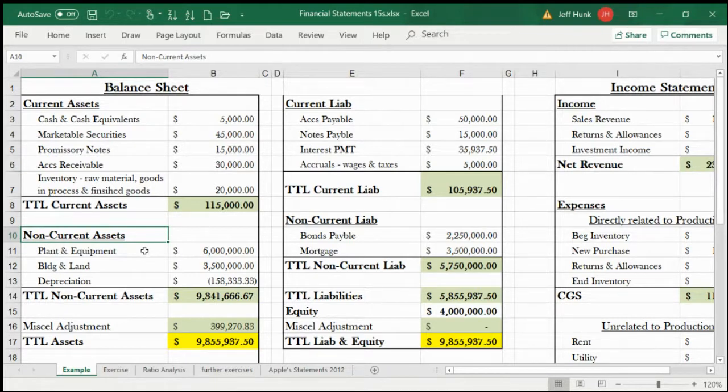At time zero, at the beginning of year one, they won't have any depreciation. But when you look at the balance sheet, you will have to look at it at time zero and at time one, in other words, at the beginning of the period and at the end of the period, right?